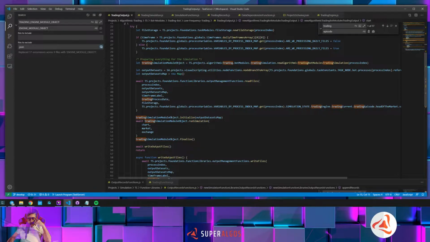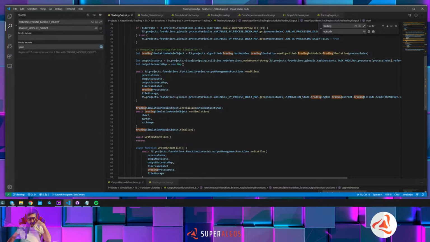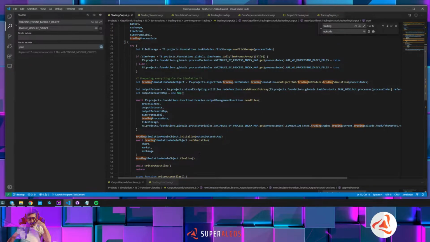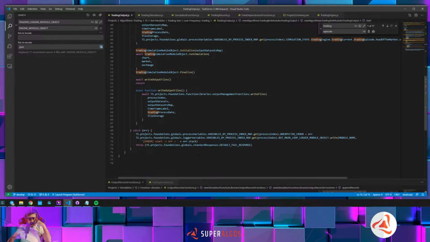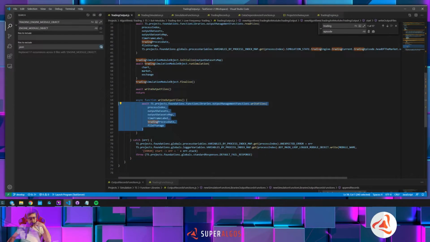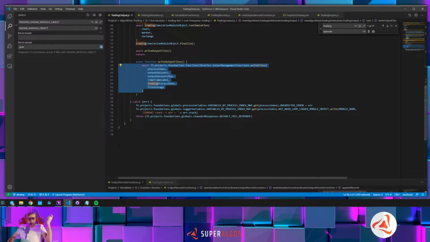In the middle, it loads the information, runs the simulation, and saves the data. Well, the functions to write the files are not really here, and the module seems quite minimal to me.